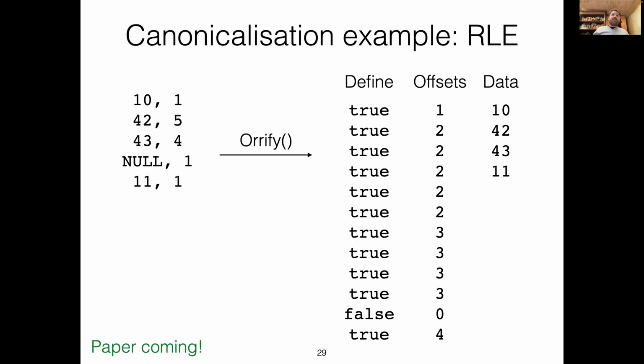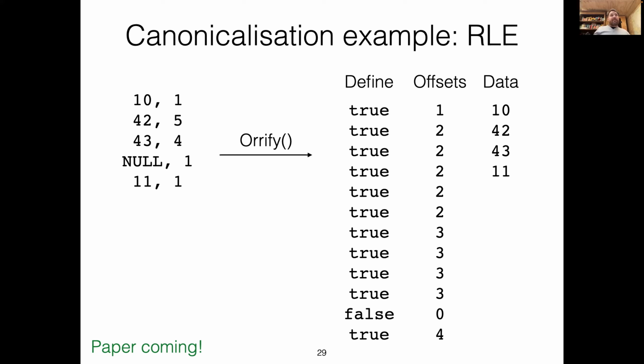So here's an example. Say you have a RLE, which consists here of 10 times 1, 42 times 5, 43 times 4, 1 null, and 1 time 11. And if you were to unpack this, you would have quite a lot of data. But in the Orification, we get these 3 elements, namely the definition mask, which here is all true except for the 1 null there.